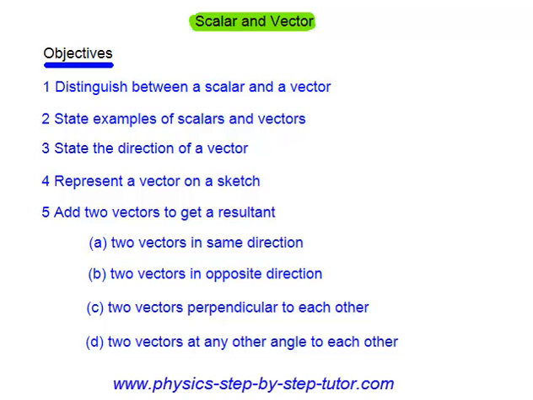Especially when it comes to objective 5, where I want you to add 2 vectors to get a resultant vector. If you get stuck at any one point, then just review the video, because I've gone through it step by step. And I'm sure if you watch the video several times, you will eventually get the point.